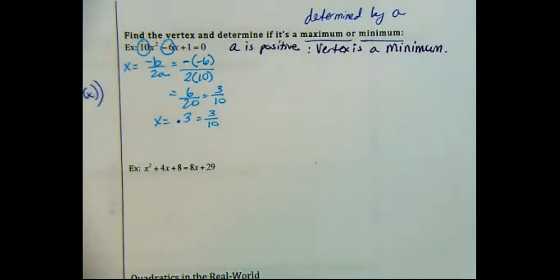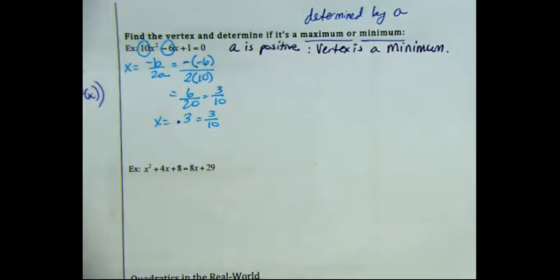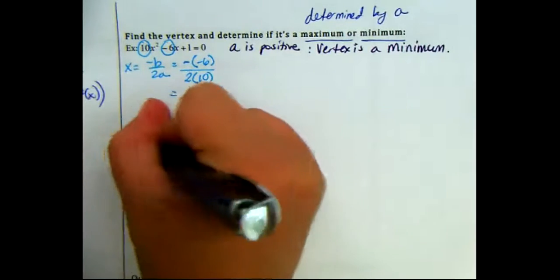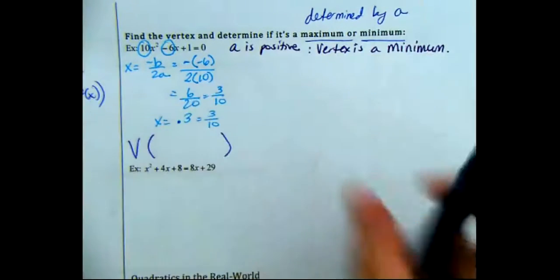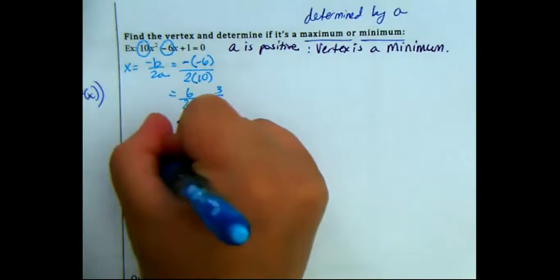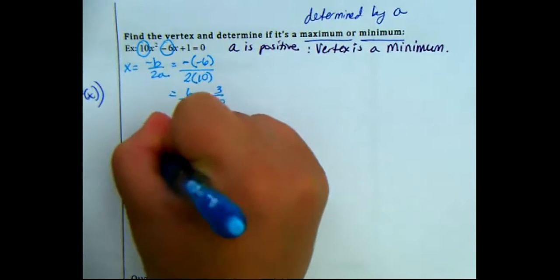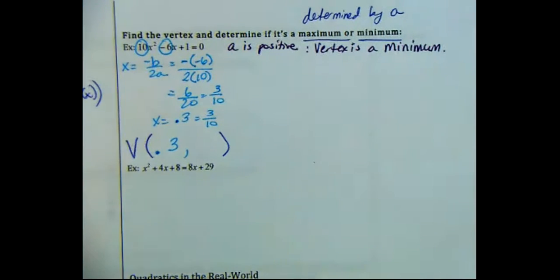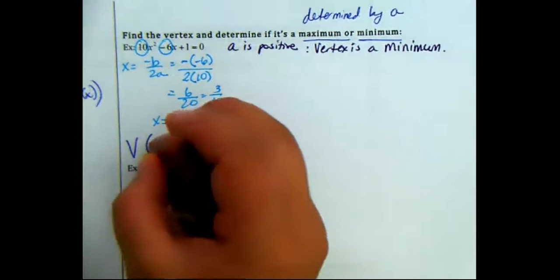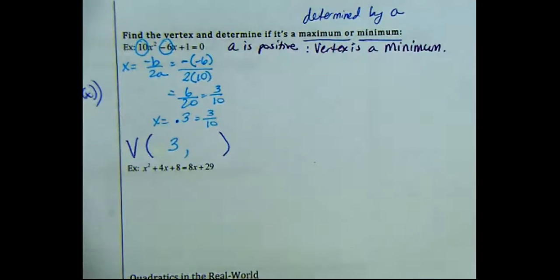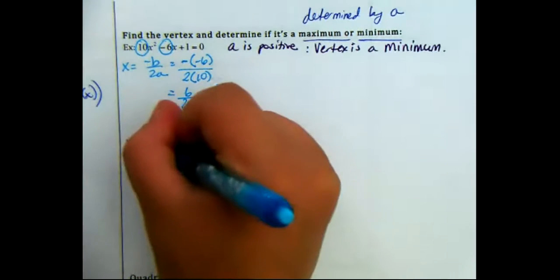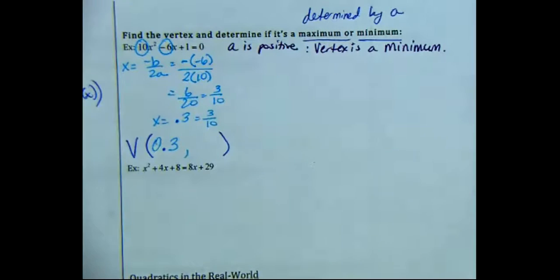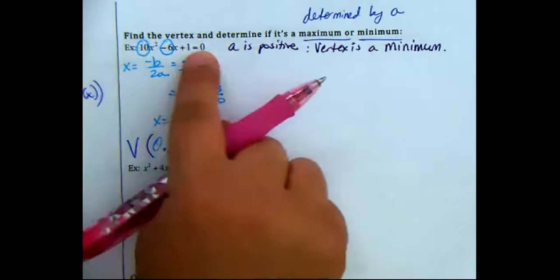So for our vertex thus far, our x is 0.3. Now to get the y, we're going to take that and plug it into our function.